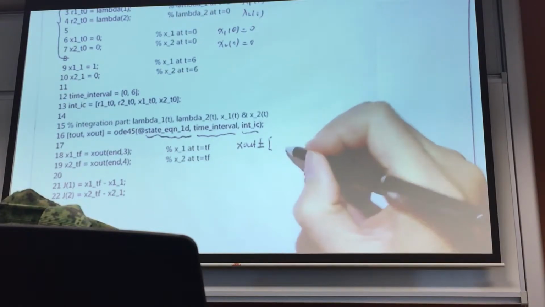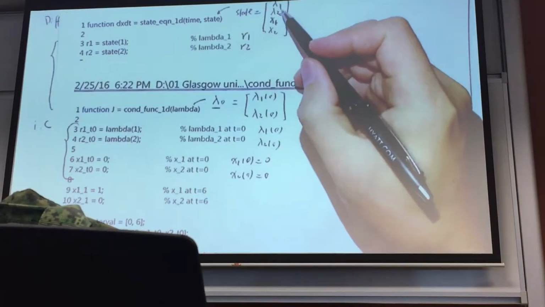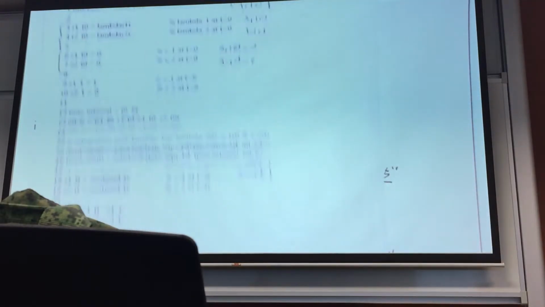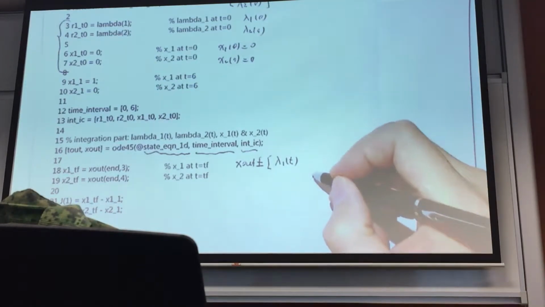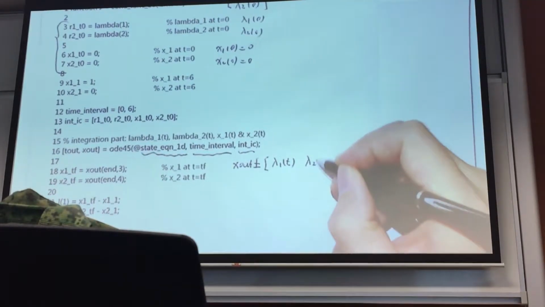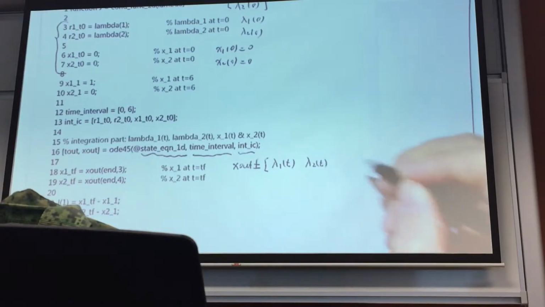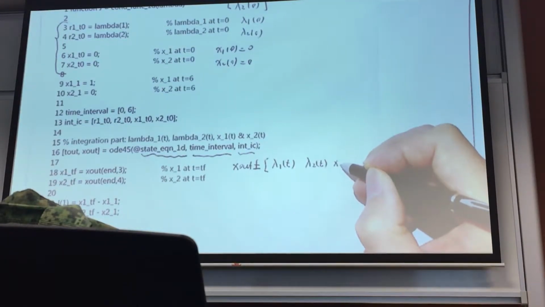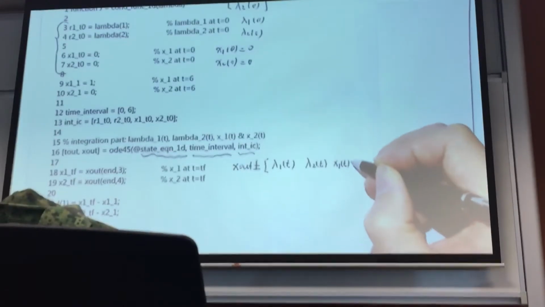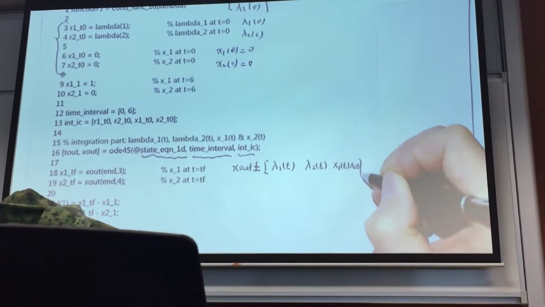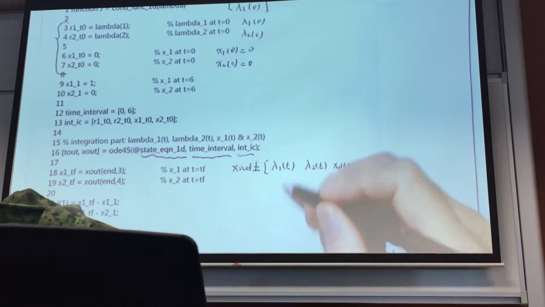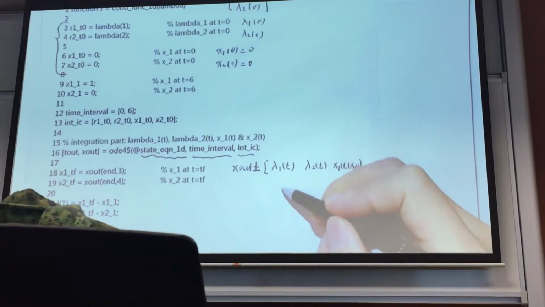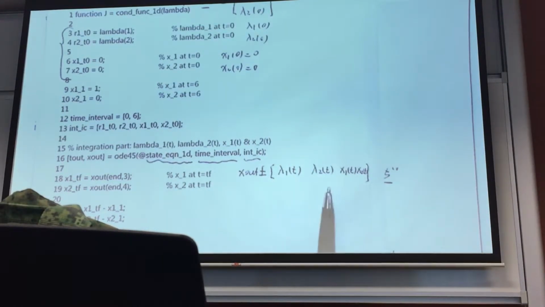The first column corresponds to lambda 1, so this will be lambda 1 of t. Then the second column will be lambda 2 of t. The third column will be x1 of t. The fourth will be x2 of t. So we got all these column vectors to represent the trajectory of your variables.